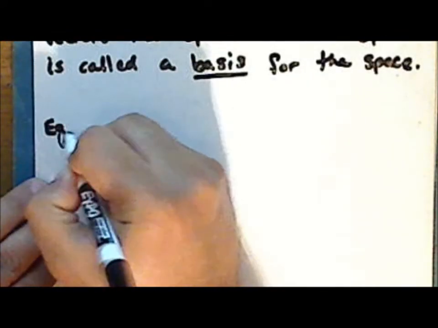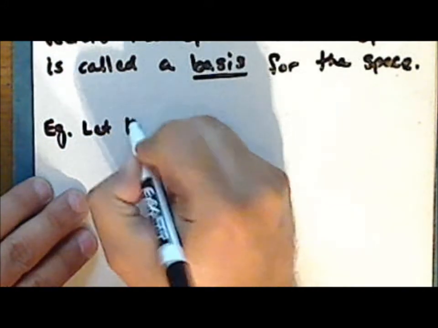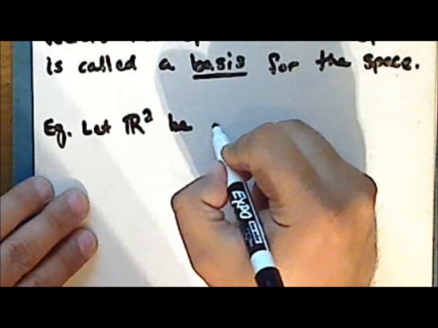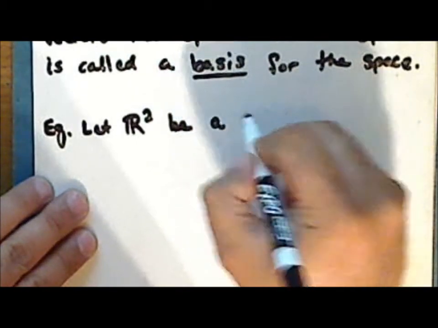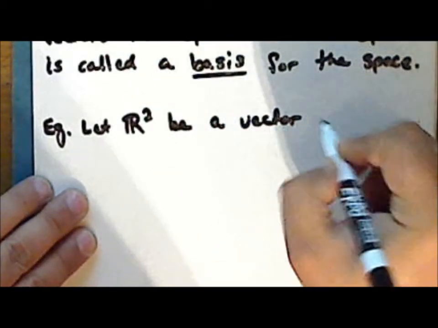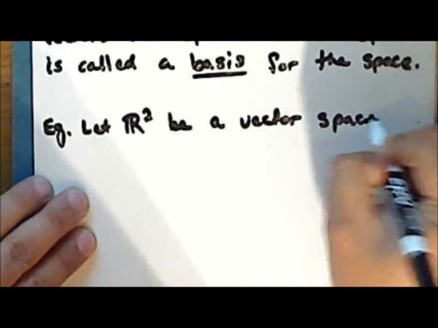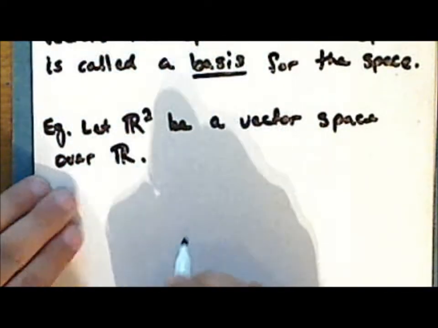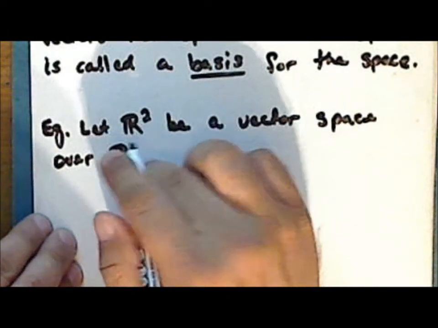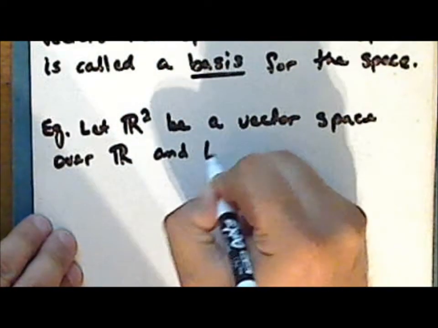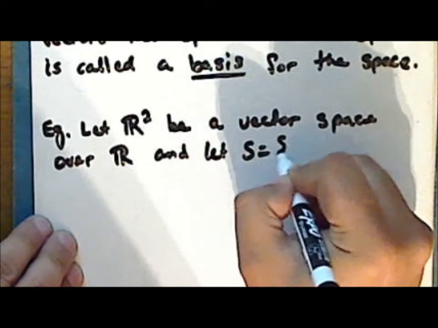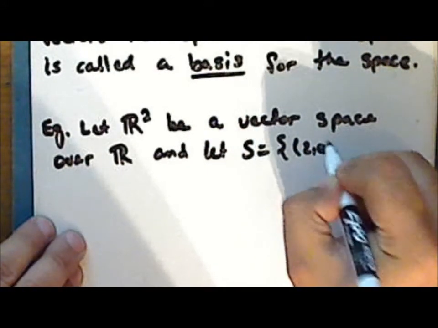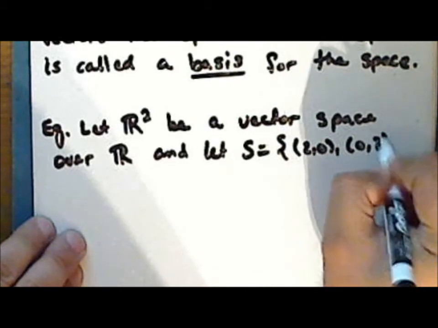So again, we'll look at an example. Let R squared be a vector space over real scalars, and let the set S consist of the vectors (2, 0) and (0, 3).